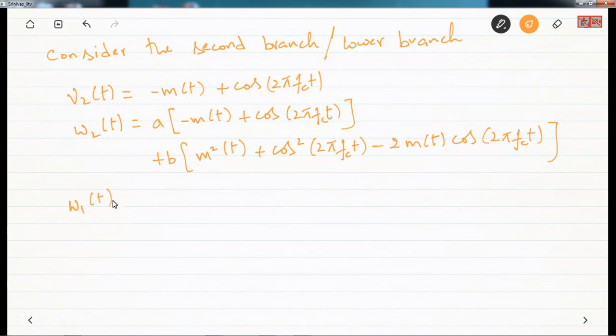Okay, so this is clear, right? So w2 of t is this, and let's consider the previous space. In the previous space we have w1 of t, which is this equation.